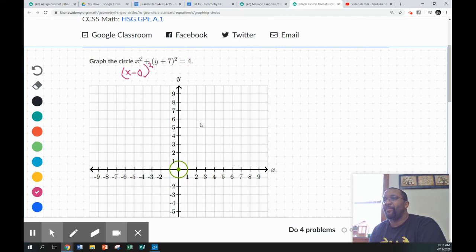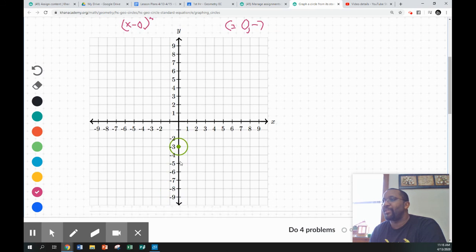So the center is going to be at the point 0 and the opposite of 7, so negative 7. So I'm going to go to the point 0, negative 7, which is down here.